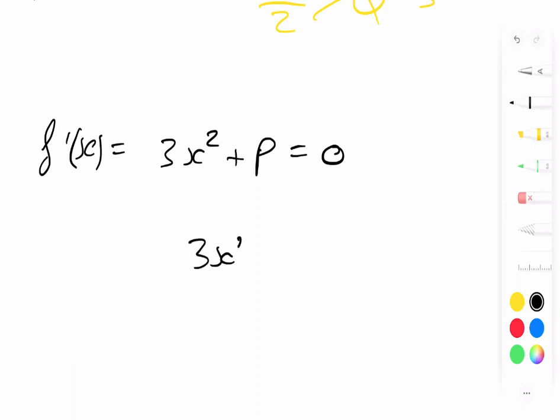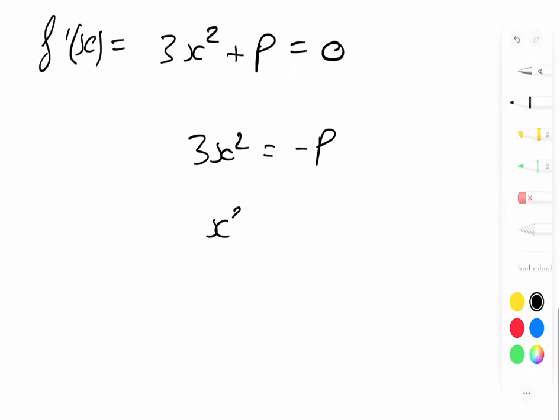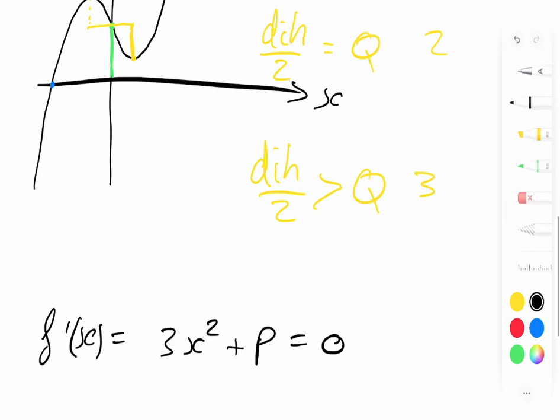So we have 3x² is equal to minus p. x² is equal to minus p over 3. And x is therefore equal to plus or minus, that is very important, the square root of minus p over 3.